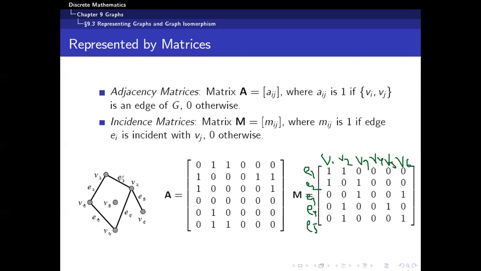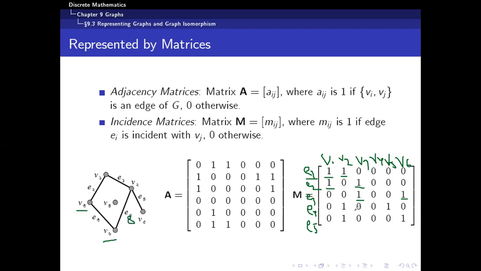Yes, sir. So see, E1 is connected with V1 and V2. Okay. E2 is connected with V1 and V3. So V1 and V3 are 1. Then E3 is connected with V3 and V6. So V3 and V6. Then E4, this one will be E4.